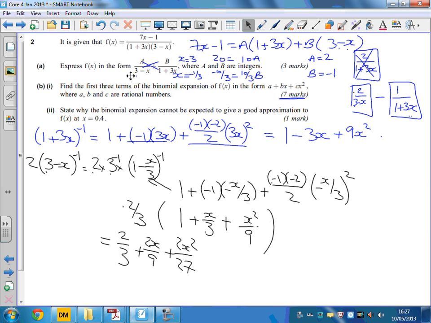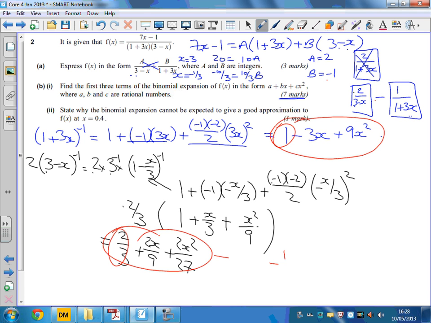The last bit of this 7-mark question is now to combine these two bits together. It is this one here minus this one here. There is a minus in the middle of these two things because of the minus B we've got there. And so just being careful. So we've got 2/3 take away 1. 2/3 take away 1, of course, is minus a third. 2/9 minus minus 3 is going to be plus.